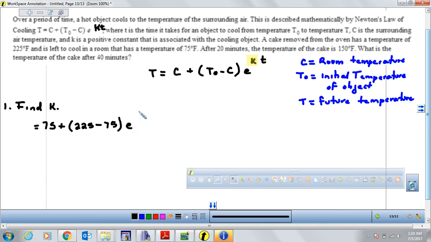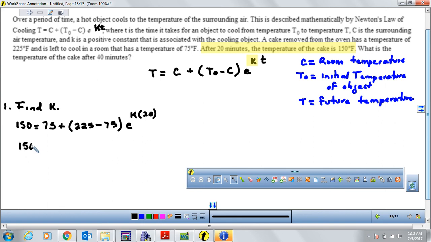Now, one thing that we know is this. It says that after 20 minutes, the temperature of the cake reduces to 150. What does it mean? That when t is equal to 20, the future temperature T on the left side is going to become 150. We're going to use this idea to find the value of K. Let's simplify this a little bit.